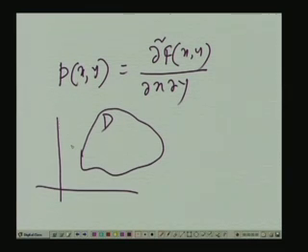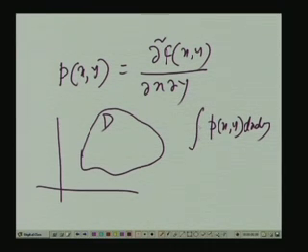Then what is the probability of x y falling within this region? We will show that will be nothing but this integral over this zone. I put double integral because dx dy over this zone. Okay. And what is p of x comma y dx dy? Okay, let us see what it is.